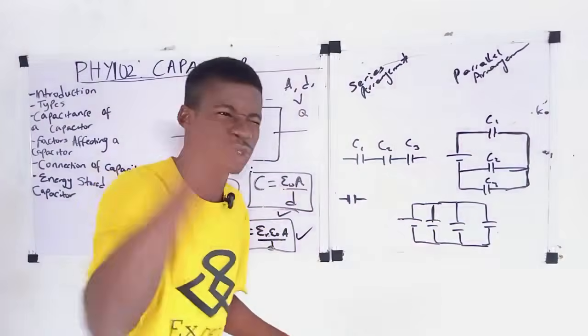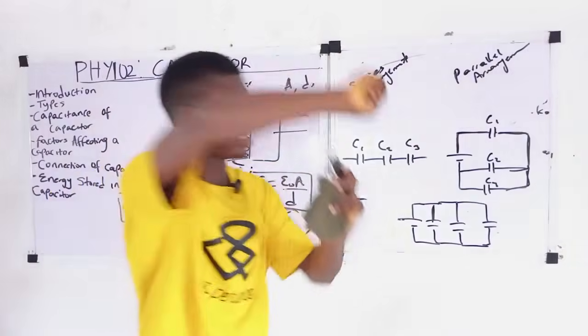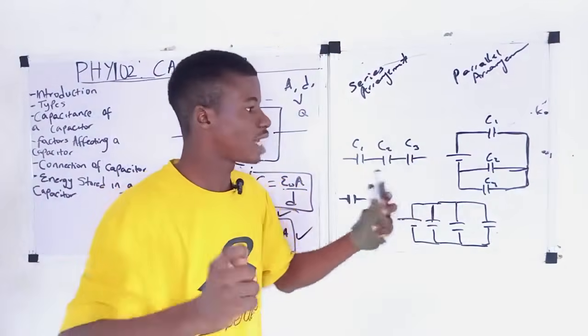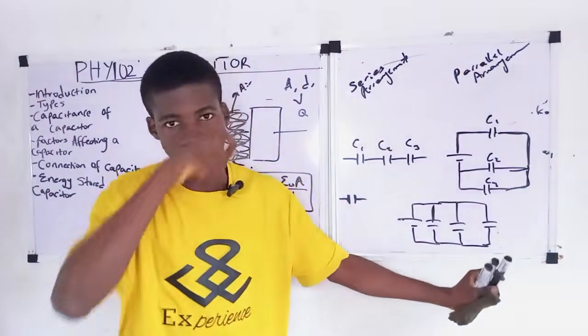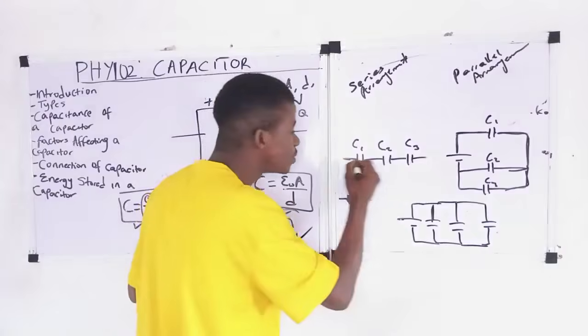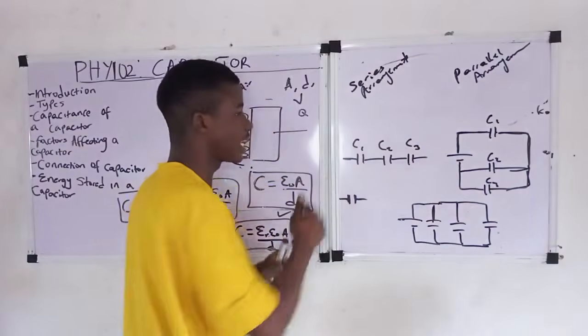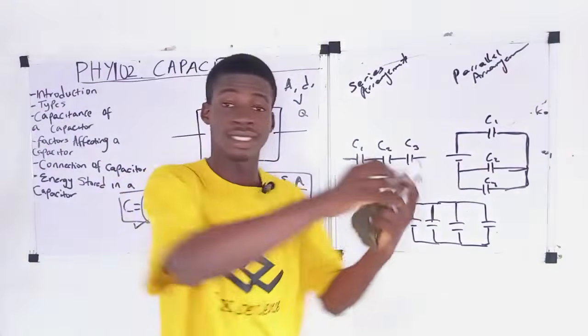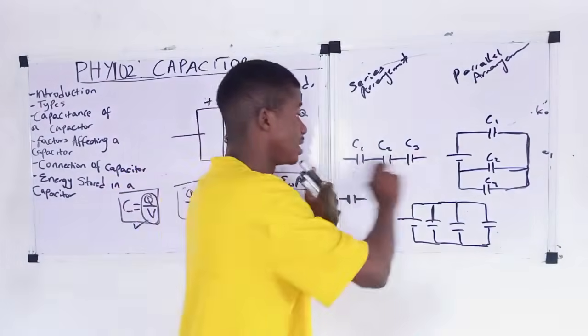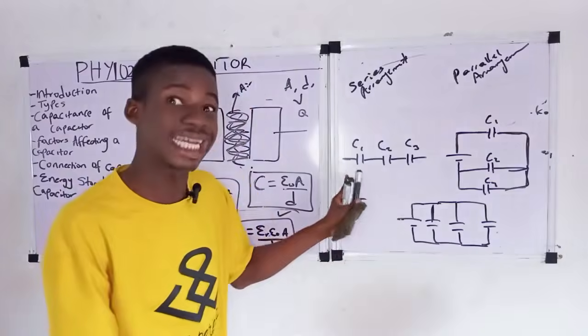Whenever you see division, you know they are parallel. But for series, do you see anywhere these terminals divide? No, you didn't see anywhere these things divide. There's no division here, so this is a series arrangement.